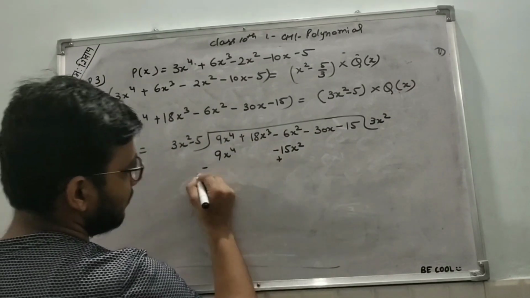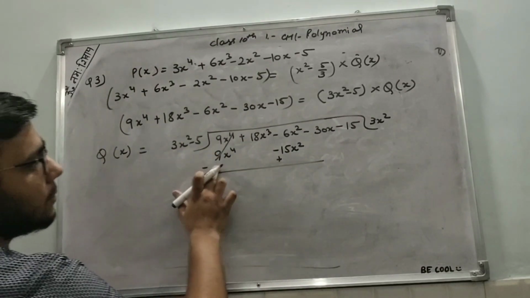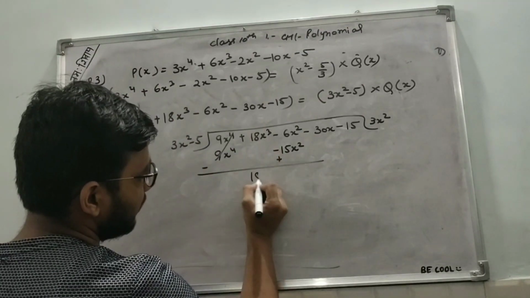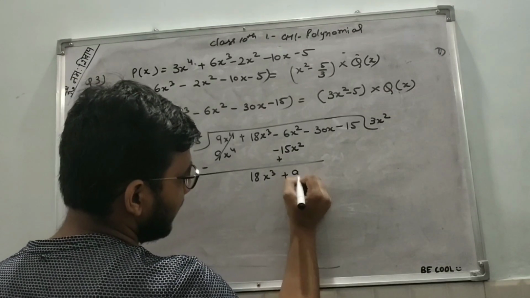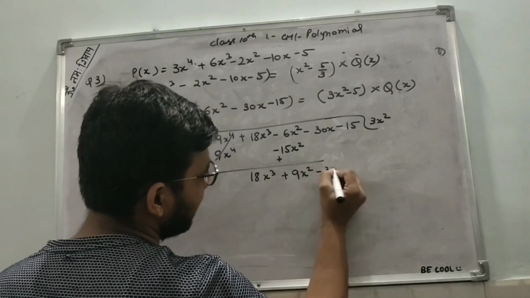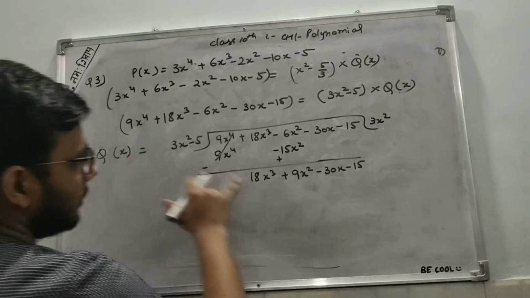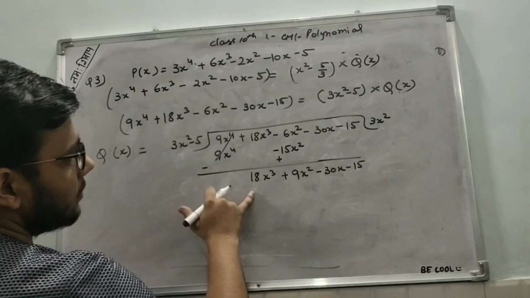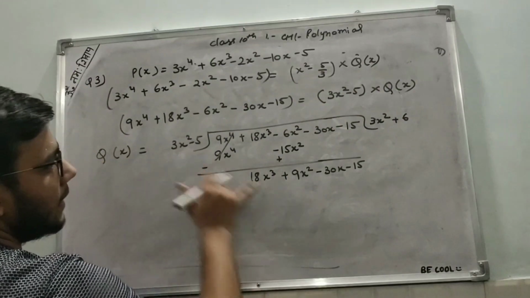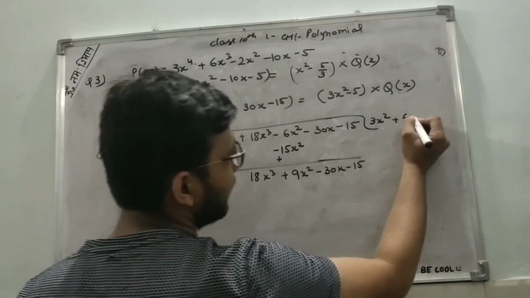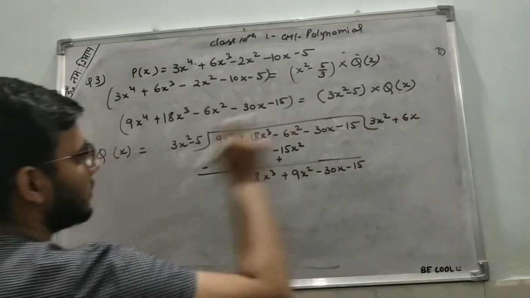Now apply the division. Applying the minus sign, this becomes positive. Write it: 18x^3 plus, 15 minus 6 gives you plus 9x^2 - 30x - 15. Now 18 by 3 is 6, and x^3 by x^2 is x. So write 6x here. Multiply 6x into this.